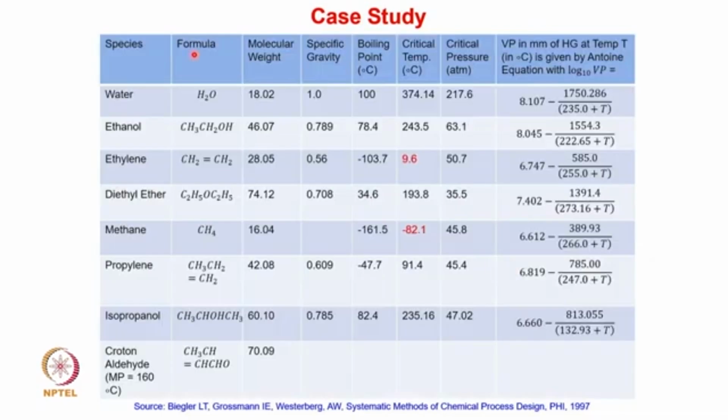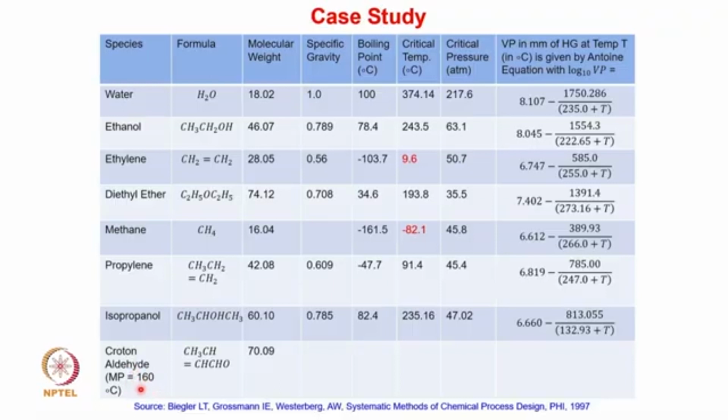These have boiling points which are significantly higher compared to the ambient temperature, so they can be separated as a liquid. And croton aldehyde is a solid component with a melting point of 160 degrees Celsius. This data is taken from this book, source is mentioned here.